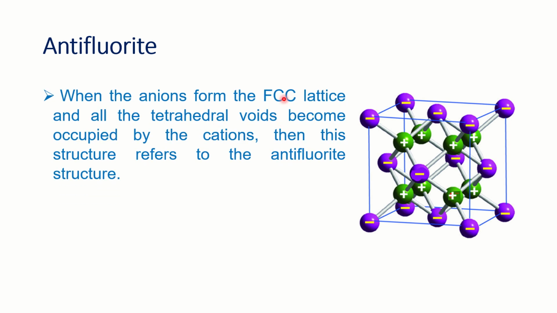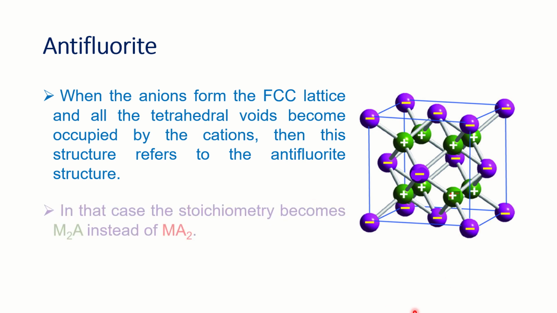Let's see. When the anions form the face-centered cubic lattice, that means here all the blue balls are forming the face-centered cubic lattice, and all the tetrahedral voids become occupied by the cations. So it has 8 small cubelets. That means it has equivalently 8 tetrahedral holes. And if these are occupied by the cations, then this structure refers to the antifluorite structure. So the antifluorite structure looks like this.